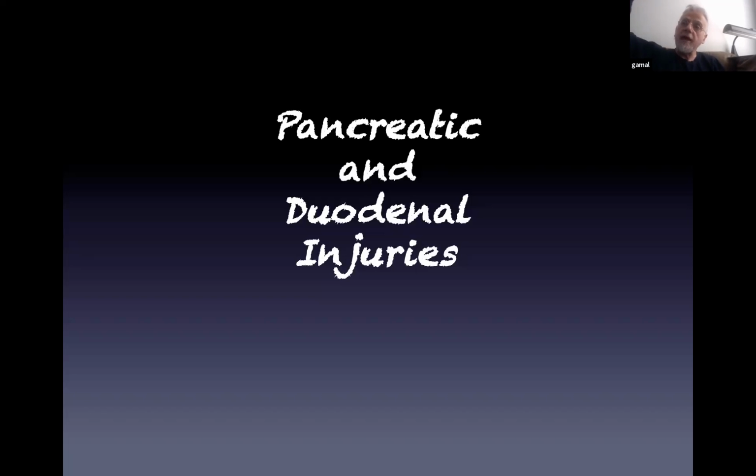You can pass a nasoenteric tube, nasojejunal tube from the nose and thread it down to the proximal jejunum, and you decompress the duodenum that way. Better is you do a retrograde duodenal tube from the proximal jejunum, and thread it up into the duodenum for decompression. Some people do a lateral duodenostomy, which is not really recommended.